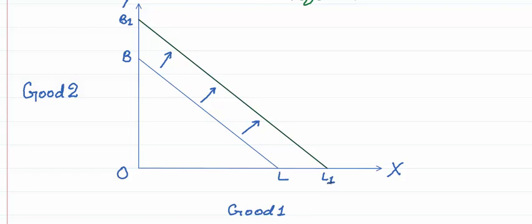And if the income of the consumer decreases, the budget line will shift toward the left hand side. Let's denote this budget line by B2 L2. The movement of the budget line towards the left hand side or downward shows that the income of the consumer has decreased.